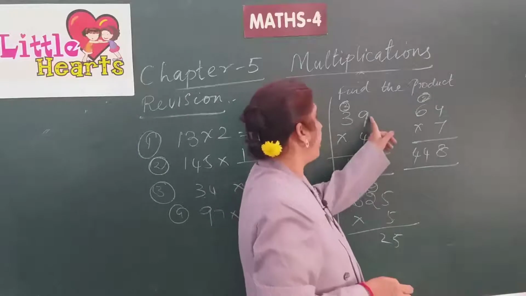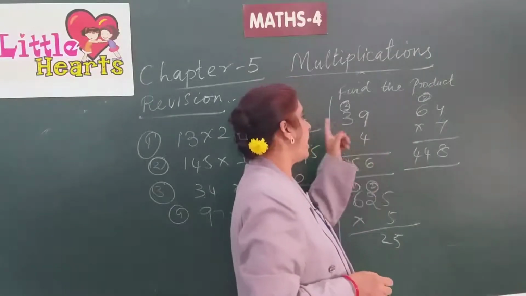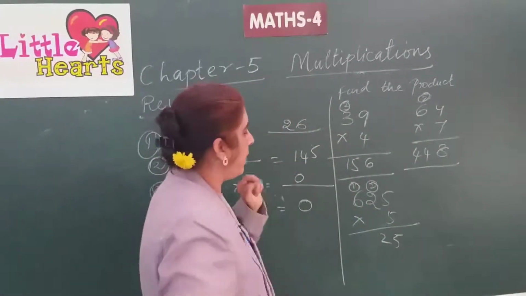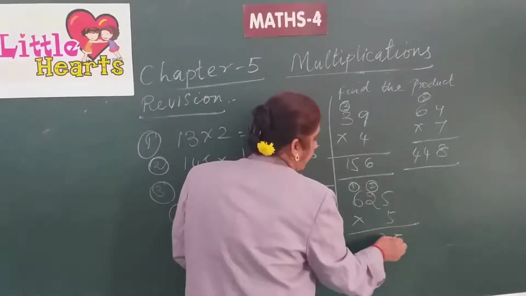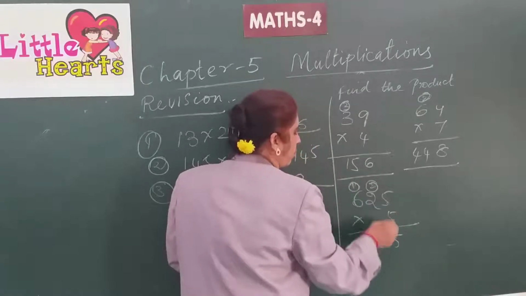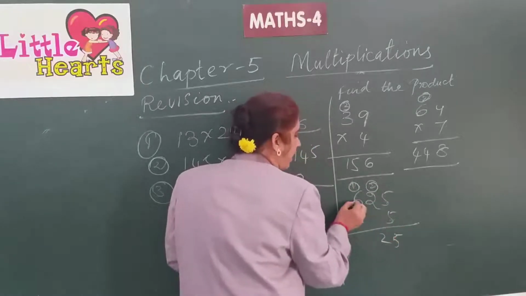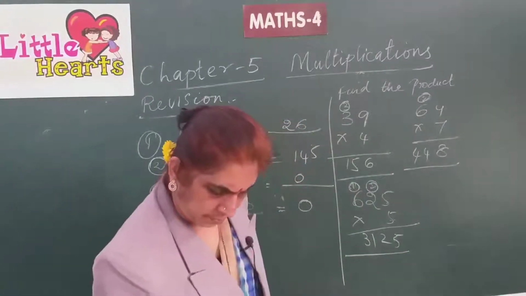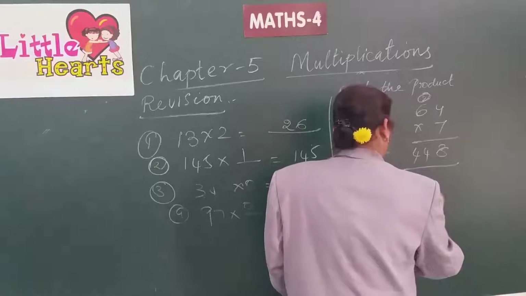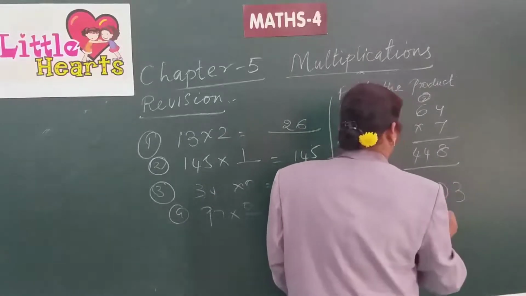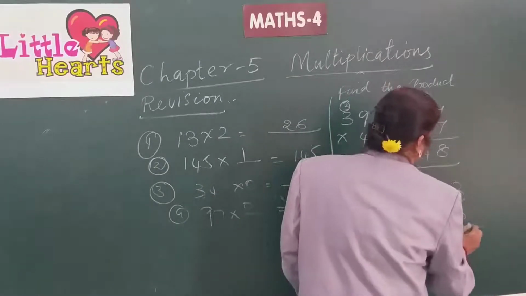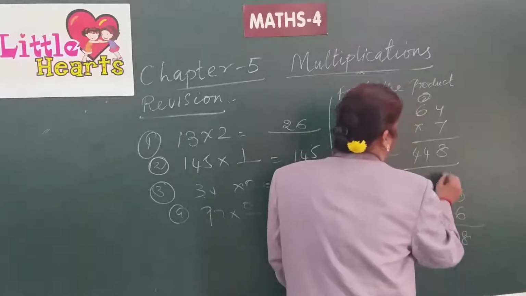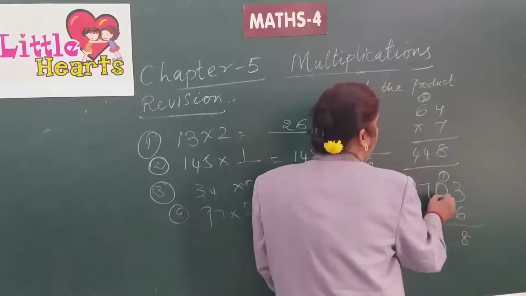Always start multiplying with the ones place only, never start with the tens place. And the carry over number should never be multiplied, it should only be added. 5 5s are 25, 5 2s are 10 plus 2, 12, carry 1. 5 6s are 30 plus 1, 31. 703 into 6. 6 3s are 18. 6 zeros are 0 plus 1, 1.